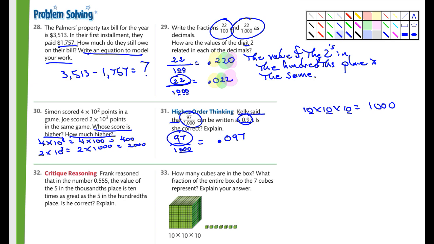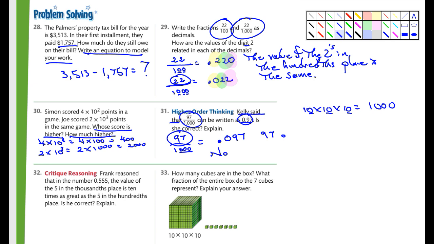So Kelly said it could be written as this. Is she correct? The answer is no, emphatically. An emphatic no. That means a definite no. It means an absolutely no, with no doubt, no question. No. Explain, it says. Well, let's see here.